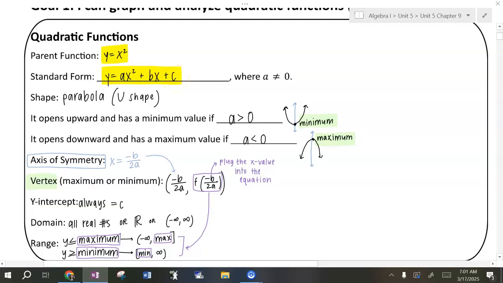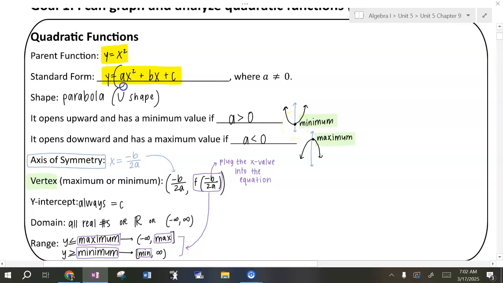The shape of any quadratic function is always going to be a U shape, which is known as a parabola. It can open upward or downward. It opens upward and it has a minimum value if the a value is greater than 0, or in other words, if it's positive.